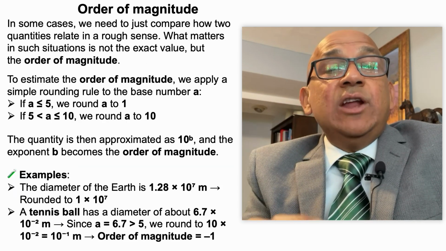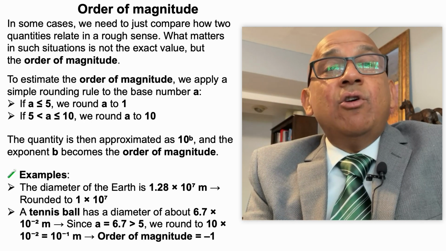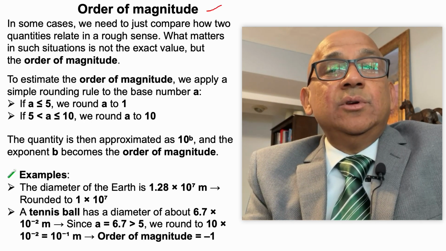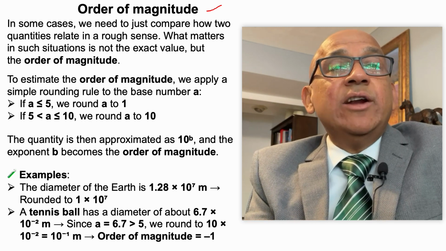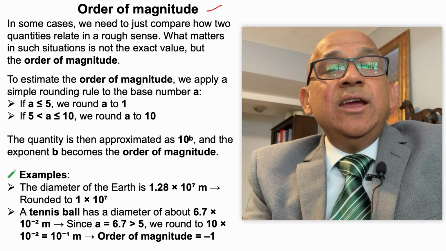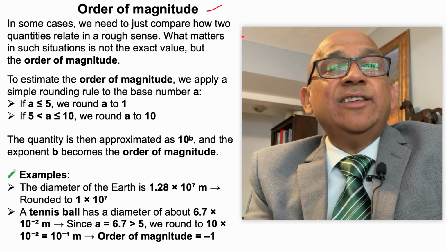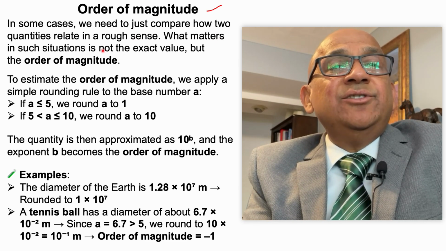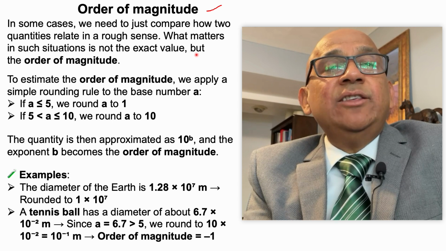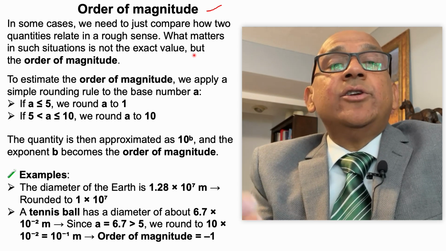Another quantity I would like to introduce at this point is the order of magnitude. In some cases, we need to just compare how two quantities relate in a rough sense. We don't want exact numbers, just a rough comparison. What matters in such a situation is not the exact value, but the order of magnitude.